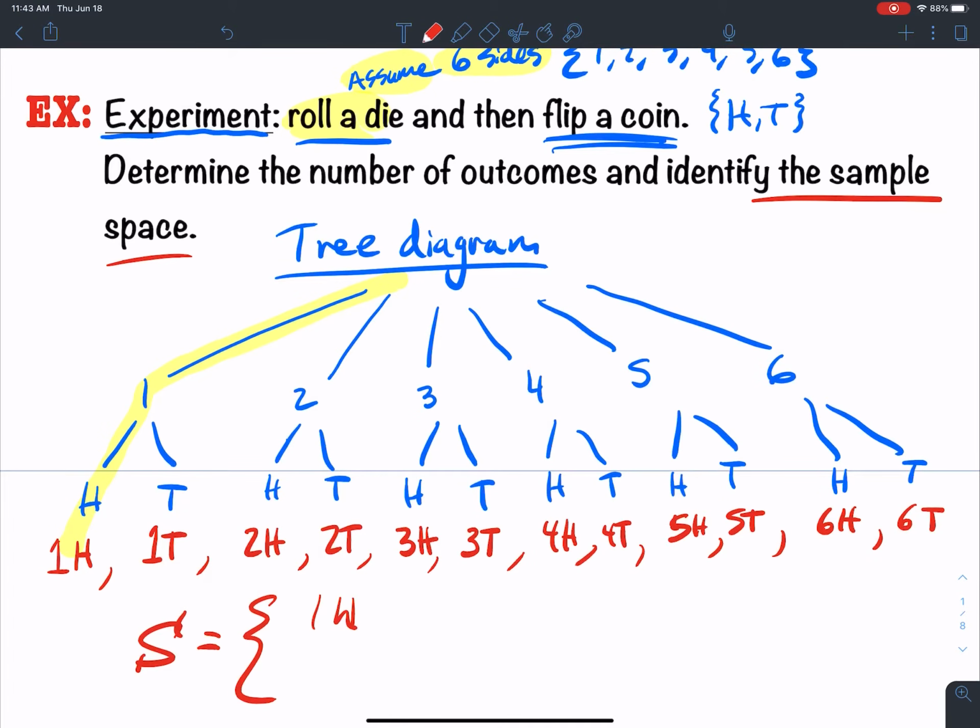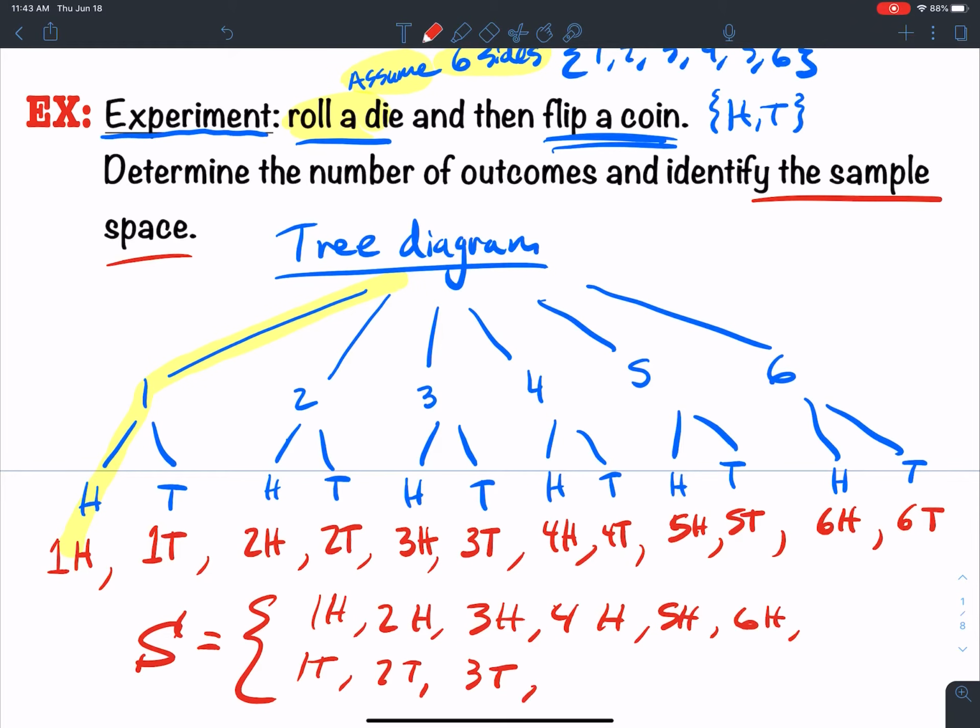So if I want to identify the sample space, it is equal to 1H, 2H, 3H, 4H, 5H, and 6H. But it also has 1T, 2T, 3T, 4T, 5T, and 6T.